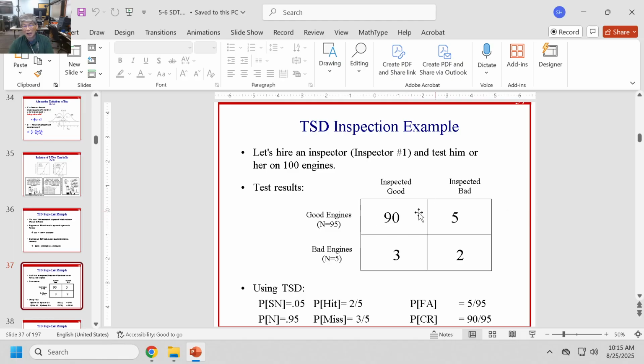And of course, signal detection theory covers the condition and judgment of different problems.